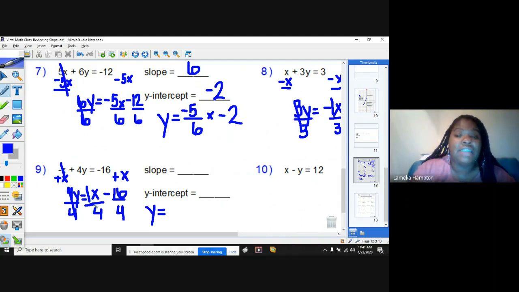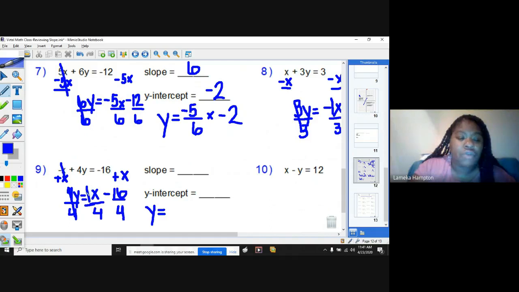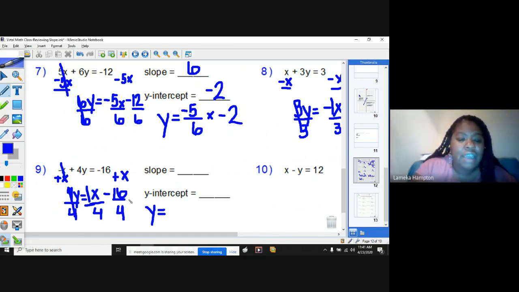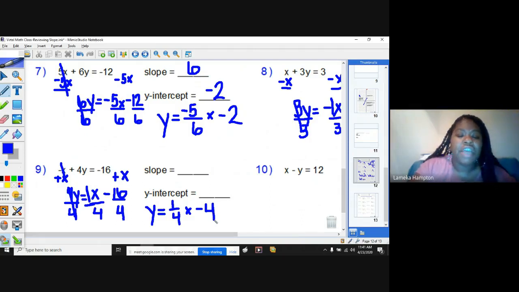Remember, if x is by itself, what is the coefficient, the number that's in front of it? 1. So when I put the 1 right here, doesn't that look like 1/4? So that is the number I will put, 1/4, and you always put your x because that's important. So I have 1/4 x, and what is negative 16 divided by 4, Miss Philomena? Negative 4. All right, excellent.